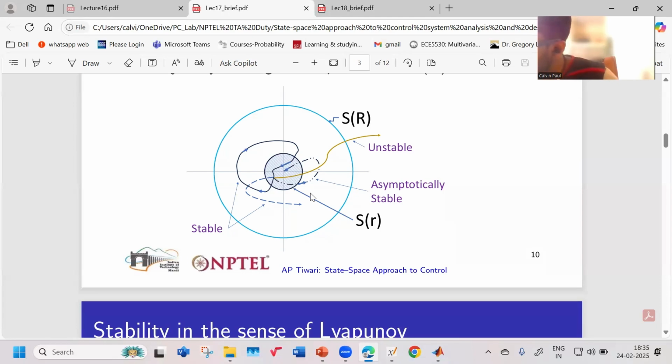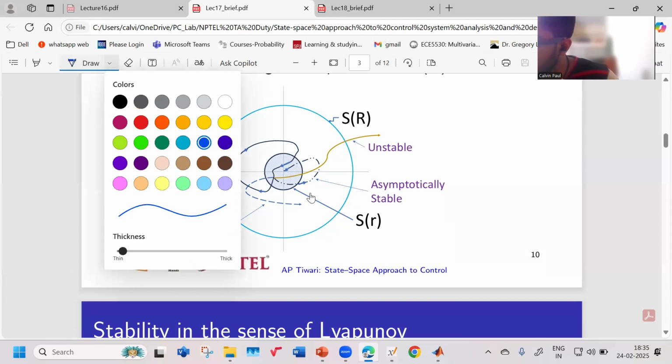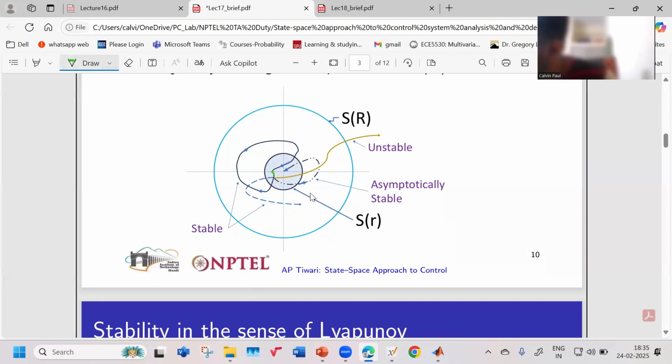Now, what is this point? This point is the initial condition. For one system, it is going out like this, going here, coming back here.